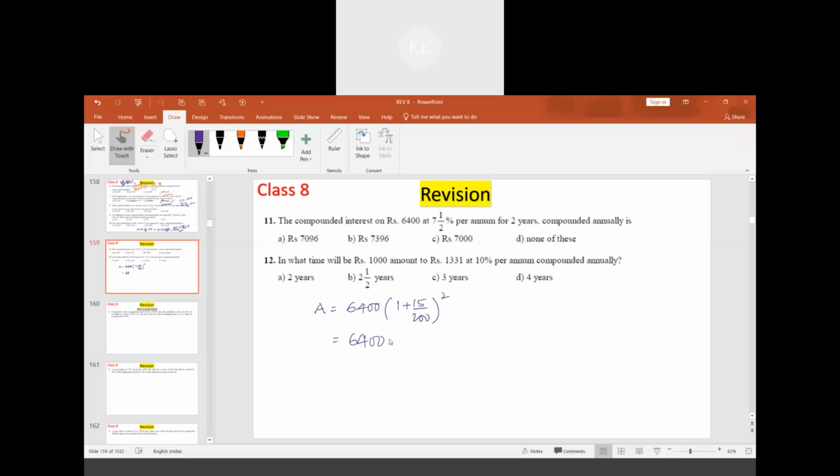This is 6,400 multiplied by 215 divided by 200 twice. So two of the zeros get cancelled. Further, it is 4 times 8, 4 times 50.